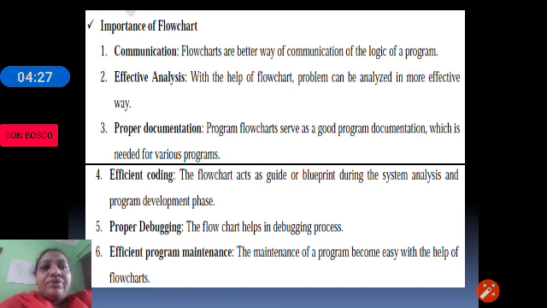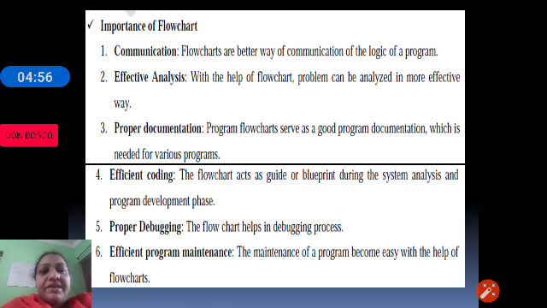A program flowchart gives proper documentation, in the sense that it gives correct information about the program, which can be used by many other programs. Efficient coding. The flowchart is a guide or a blueprint which will help us to analyze the program.